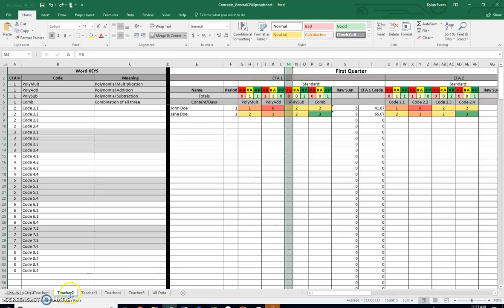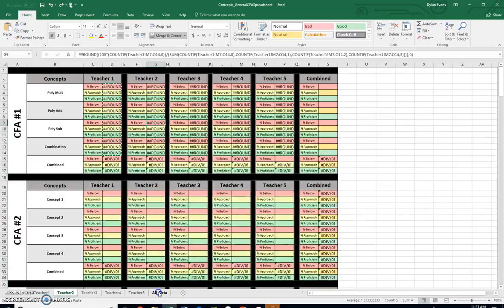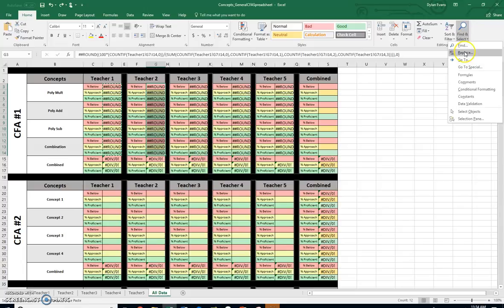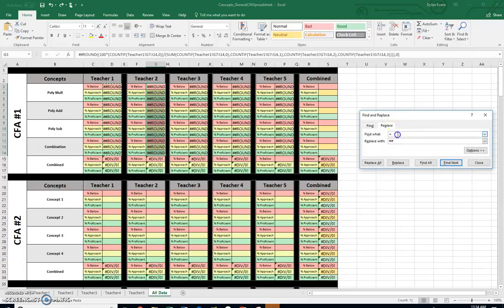The difference is the tab name. For teacher 1, it's under teacher 1. For teacher 2, it's under teacher 2. So I'm going to go and replace all of these. The ranges of cells are good except for where it says teacher 1. So I need to find and replace everywhere it says teacher 1. I need it to now say teacher 2 since we're under a different tab. So I replace all.